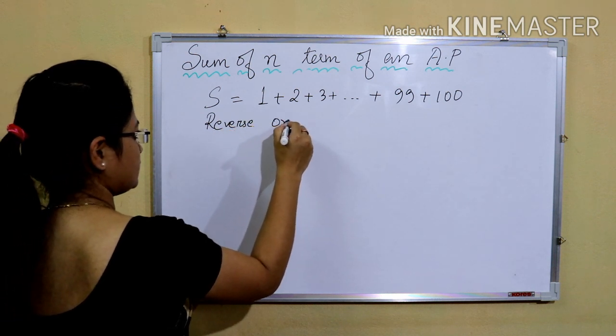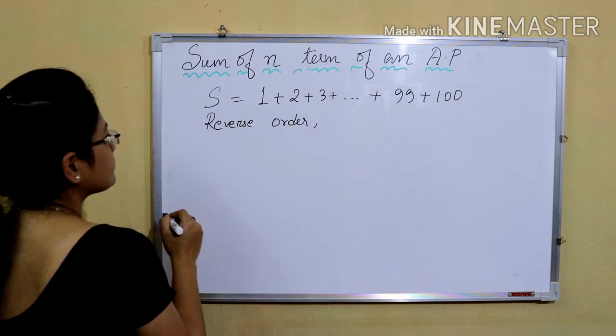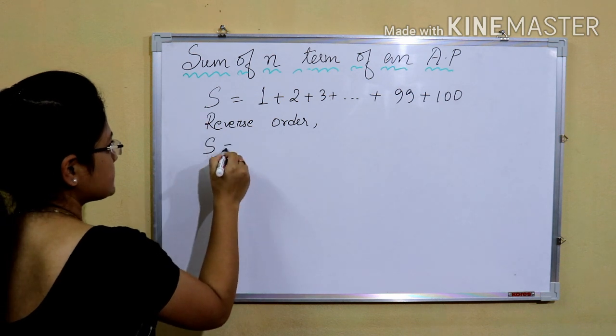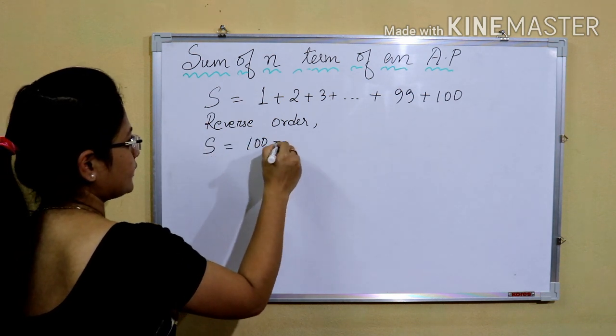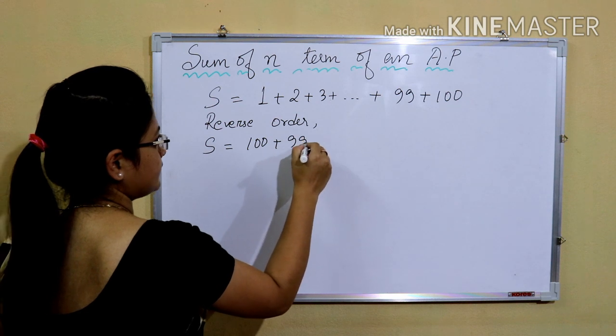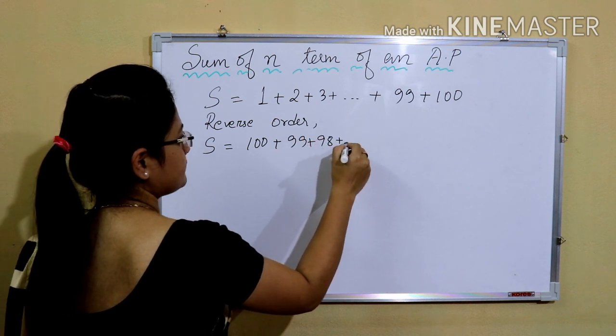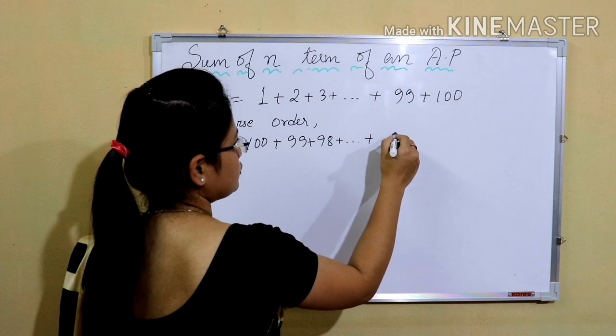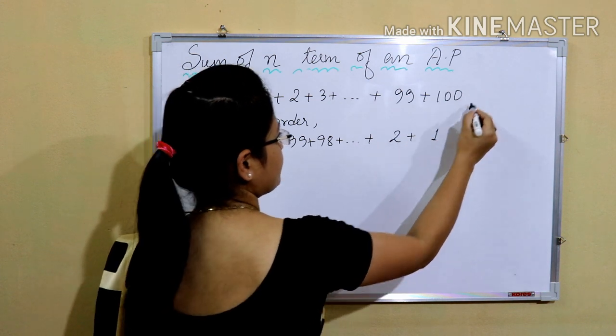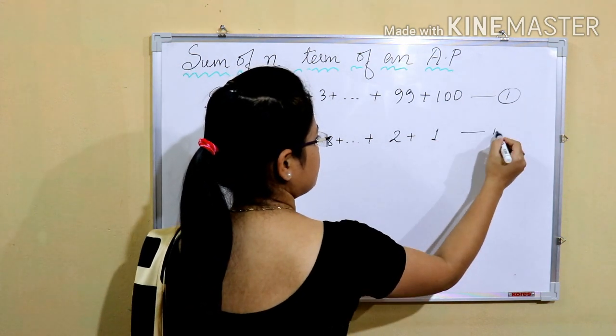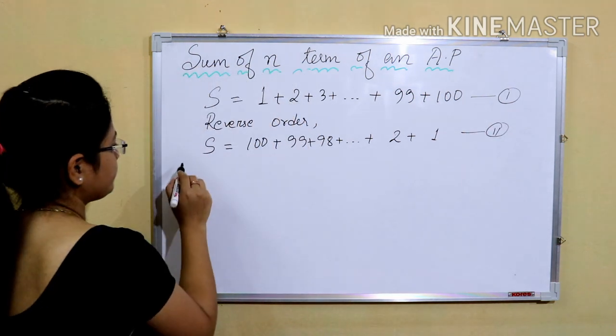Reverse order. So S is equal to 100 plus 99 plus 98 ... plus 2 plus 1. Let me consider it as equation 1 and this as equation 2.